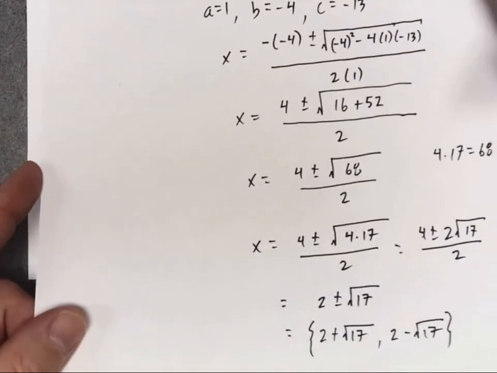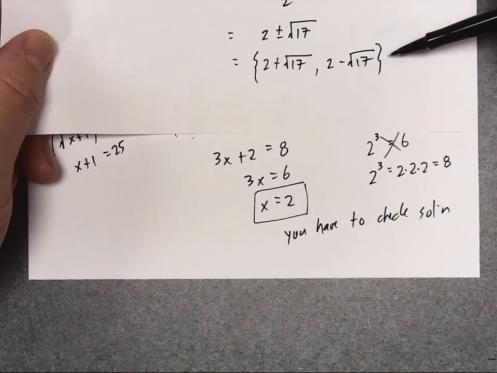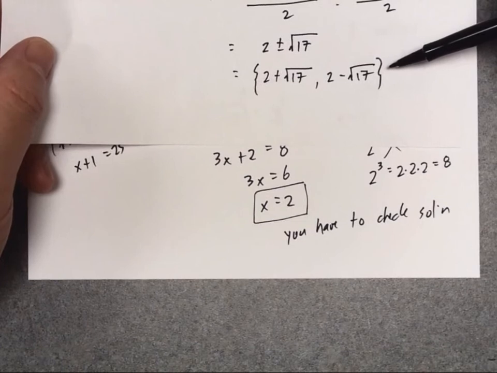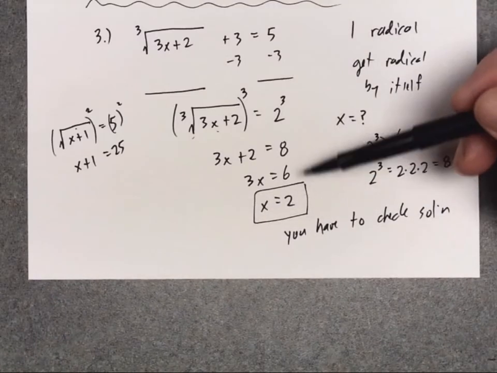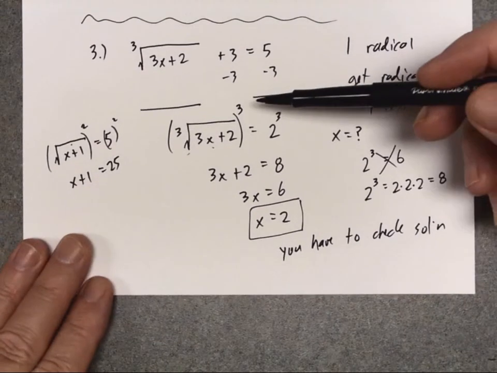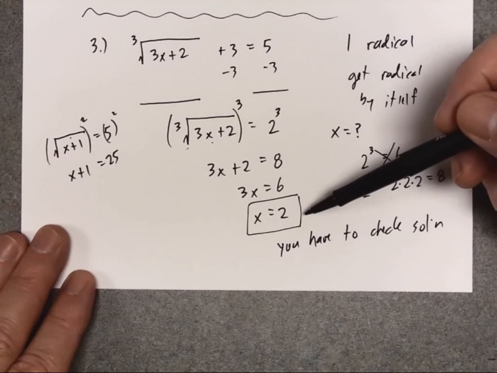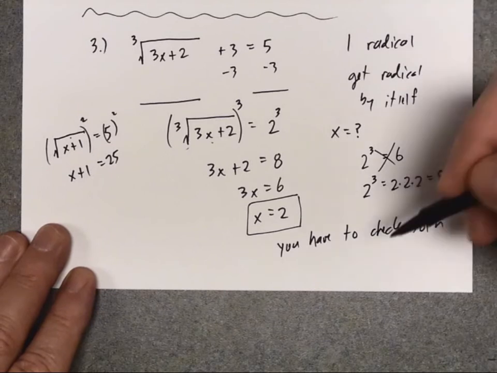When I solved this equation, here are my solutions, and I told you if you want to, you can check the solutions. It's not necessary. In other words, if you do the math correctly, you will get the correct answer. However, when you start an equation with a radical, you have to check your solutions. Sometimes you can do the math perfectly, but when you plug in your solution, it doesn't work. That can happen. So it's not optional. You have to check your solution.